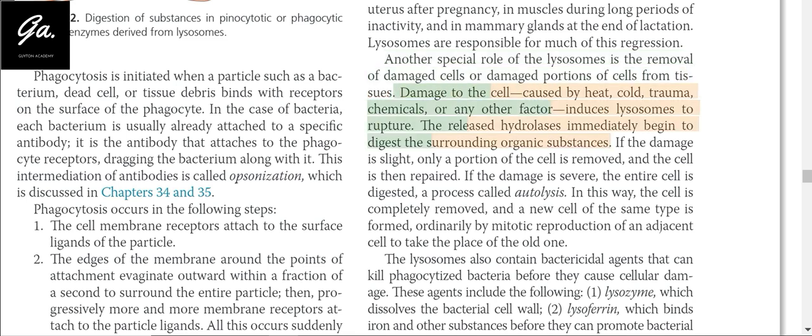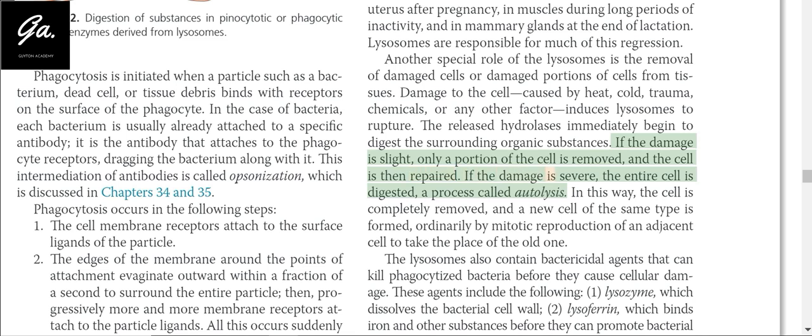Damage to the cell caused by heat, cold, trauma, chemicals, or any other factor induces lysosomes to rupture. The released hydrolases immediately begin to digest the surrounding organic substances. If the damage is slight, only a portion of the cell is removed, and the cell is then repaired.